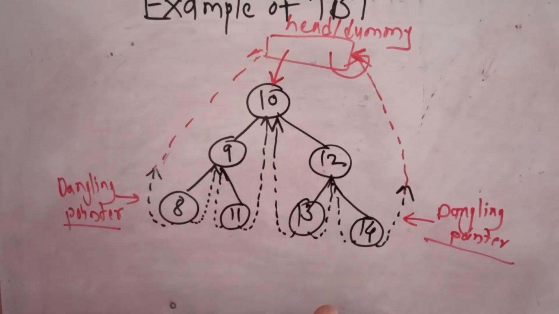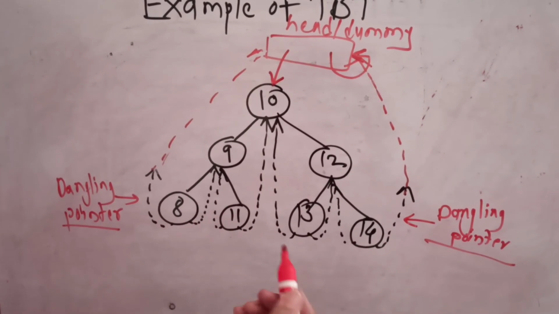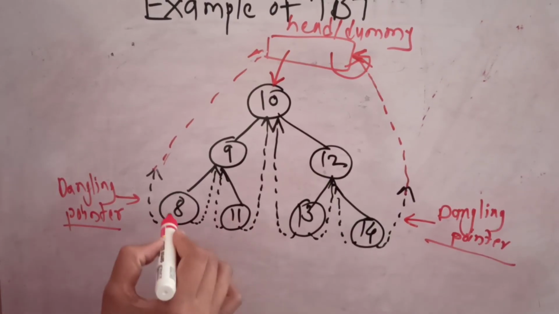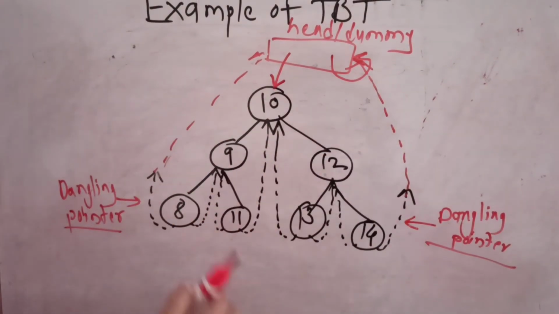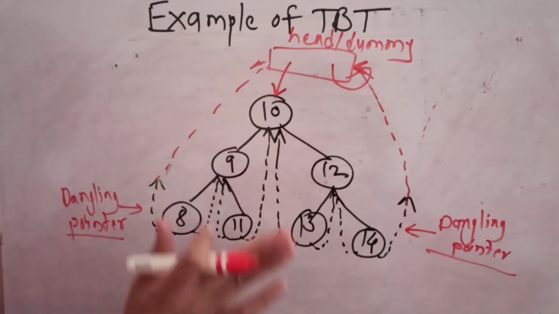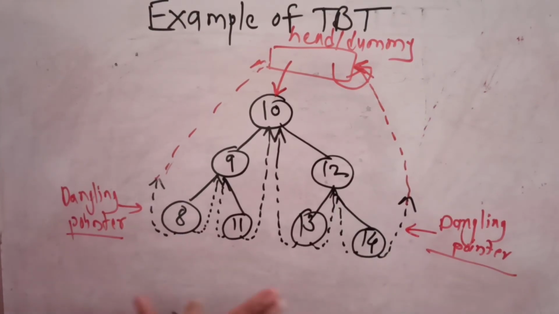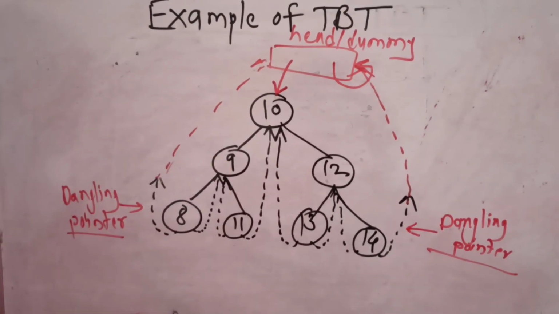In that case, we use the stack for backtracking purposes. But to make that backtracking very fast without making use of the stack, we set the threads in the TBT. So this is the main advantage of the TBT. Always remember that we avoid the use of the stack and the recursion in the case of the binary tree.